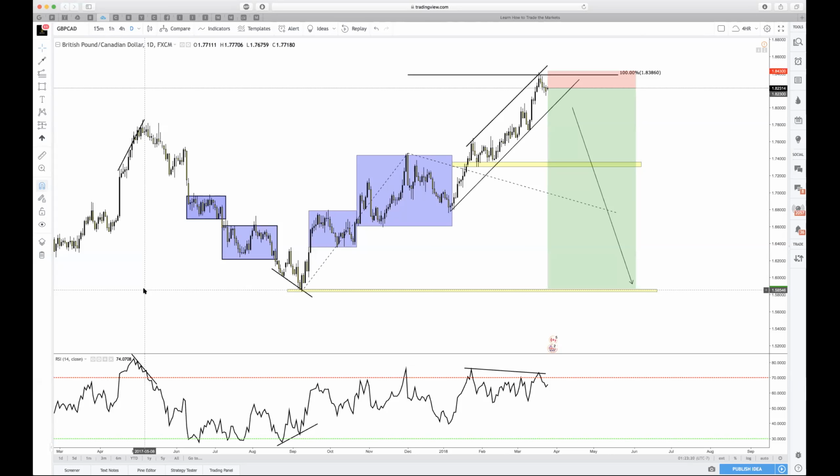Okay, stop loss is 1.84300. Take profit is 1.58587. All right, done.